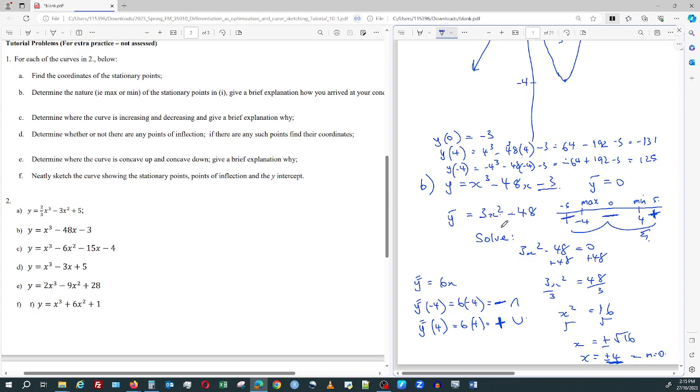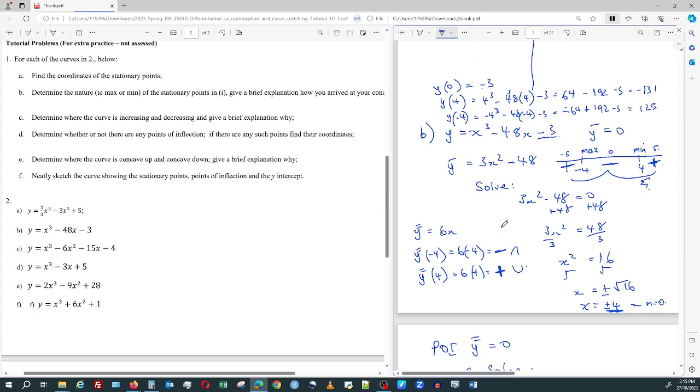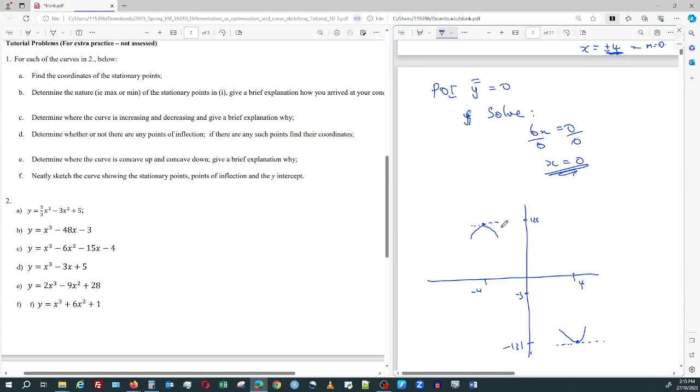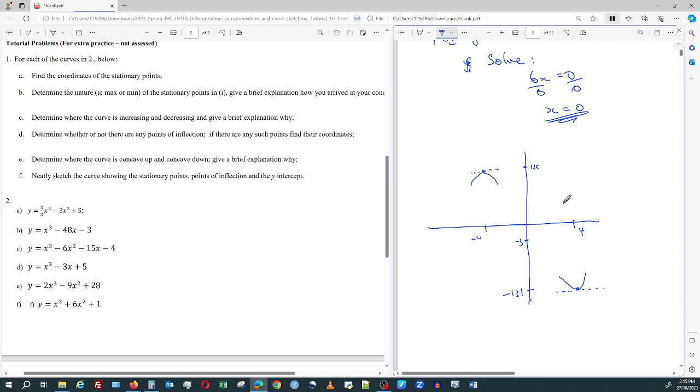Okay, so minus 3. Also, minus 3 happens to be, by coincidence, the place that the y-intercept occurs. So the change of concavity, or the point of inflection, is coincident with the y-intercept, which is very handy, isn't it? Very handy for us. So it'll swoop down like that, and then there's a big swooping up action.